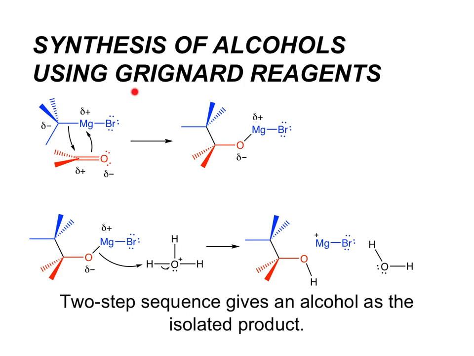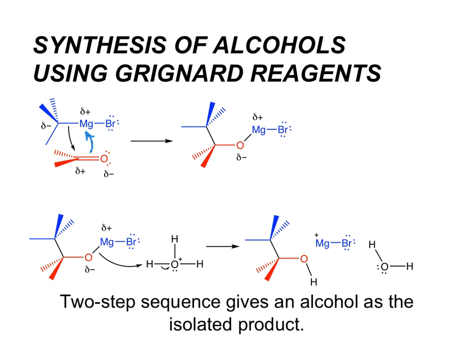Okay, so once we've made our Grignard reagent, how do we use that to synthesize an alcohol? Well, as I said, we react it with a carbonyl compound, an aldehyde or a ketone. And in that reaction, the pi bond of the aldehyde or ketone acts as nucleophile to interact with the magnesium as the electrophile. And in what appears to be a concerted reaction, we don't see any separate intermediates.